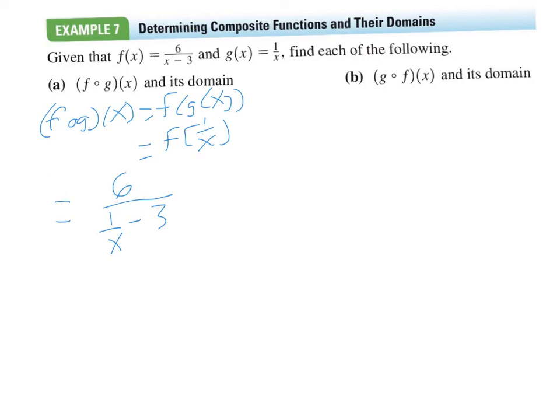Now, you see how we have a fraction over a fraction being subtracted by something else? We need to get rid of this fraction right here, the 1 over x. The way you do that is multiplying by the denominator, multiply by x.